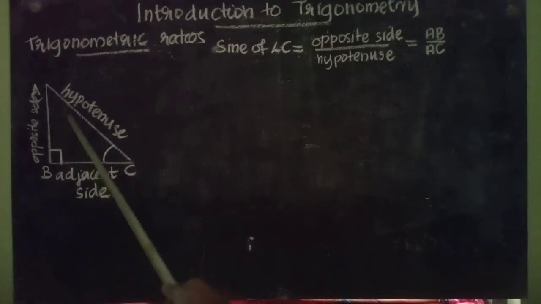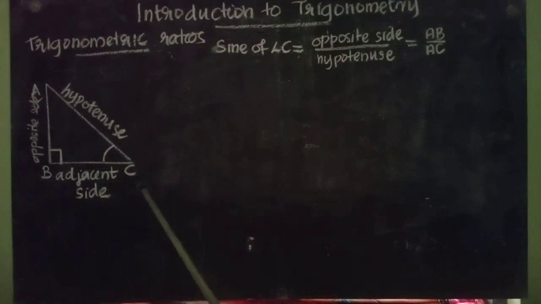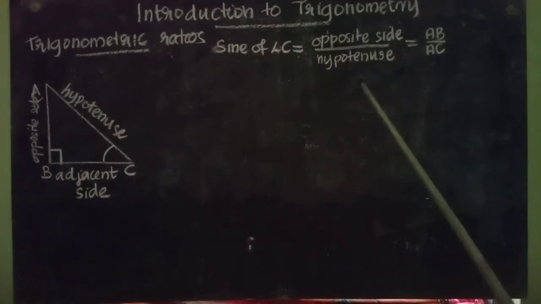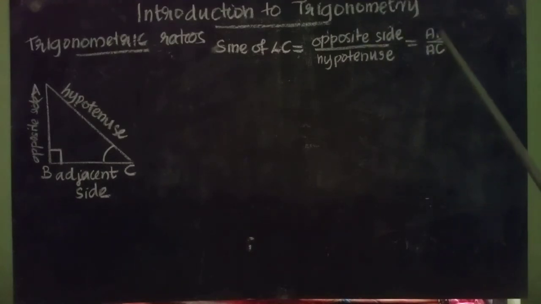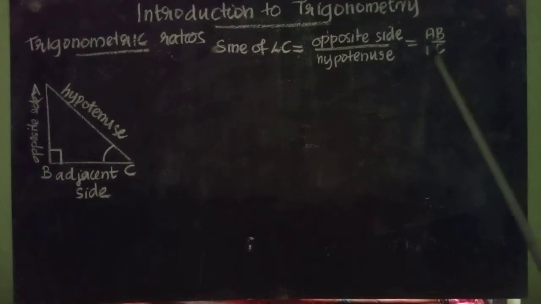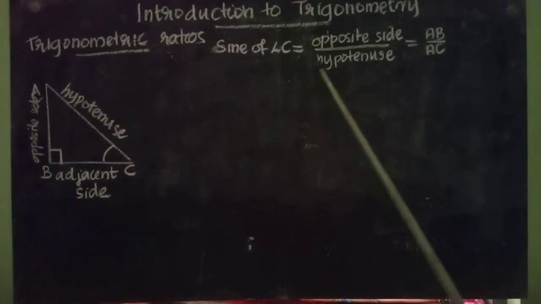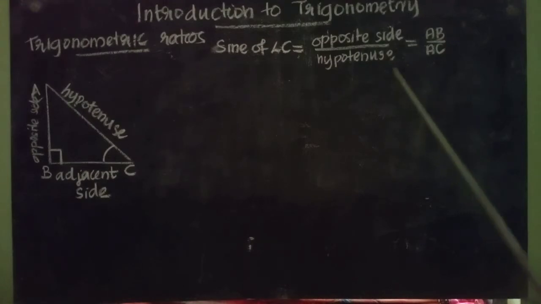What is the hypotenuse here? It is AC. So, opposite side by hypotenuse is equal to AB by AC. So, sine of angle C is the ratio between opposite side and hypotenuse.